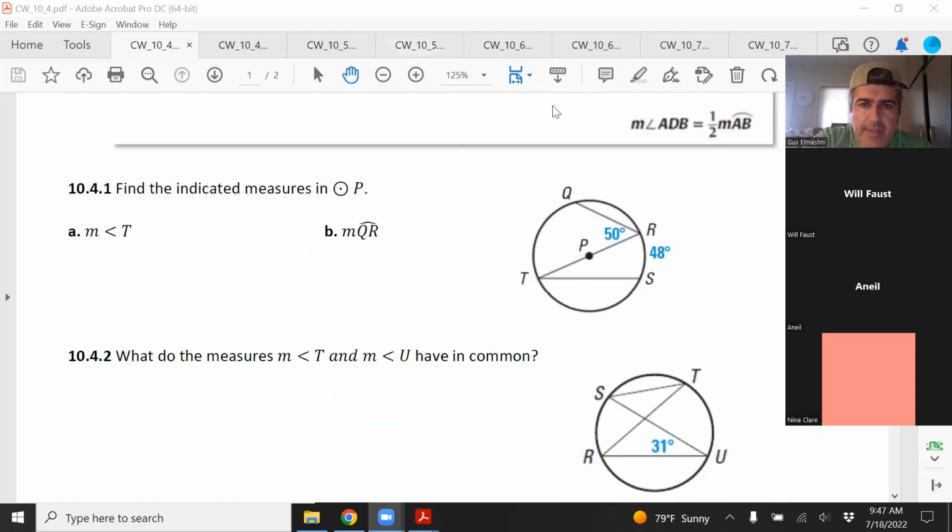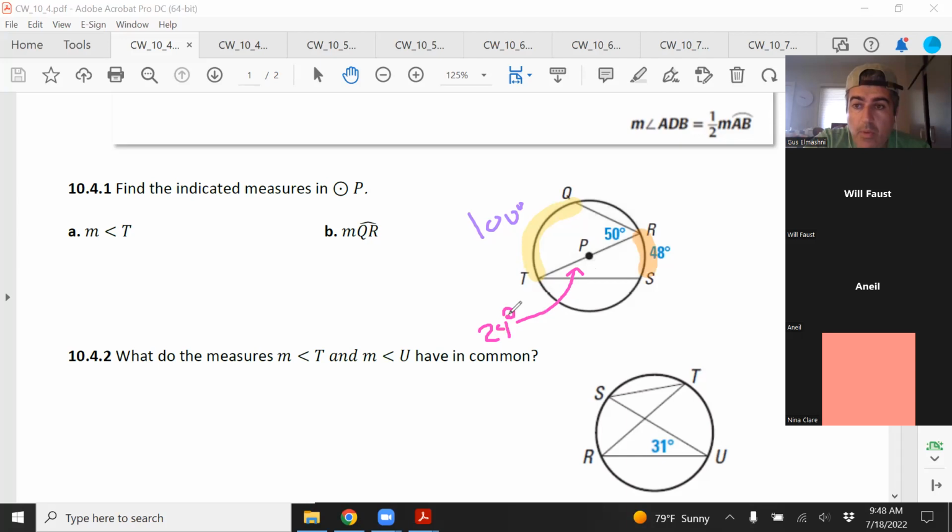So in this case, let me get a highlighter. That is going to be 100 degrees. Arc QT is 100 degrees because the angle that's inscribed is 50, okay? Let me get another highlighter out here. That's 48 degrees. That is going to be 24 degrees.